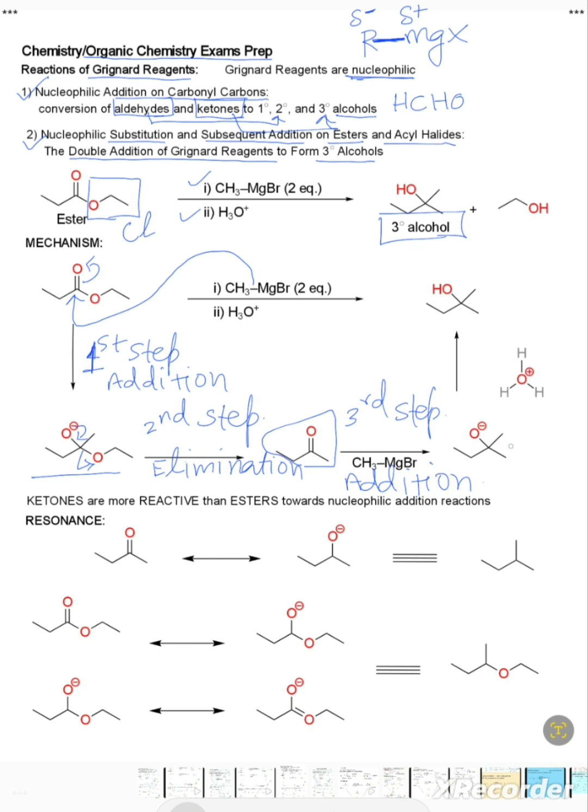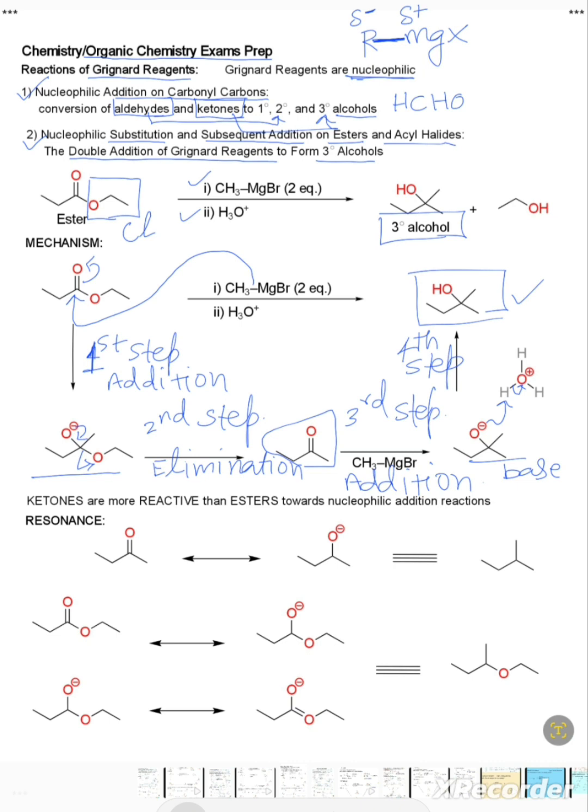Once again we get the tetrahedral intermediate, and this time, because of the acidic workup step, this alkoxide ion gets a proton to become the tertiary alcohol product. So this is our fourth step, which is simply the acid-base reaction. This base takes a proton to become neutral.